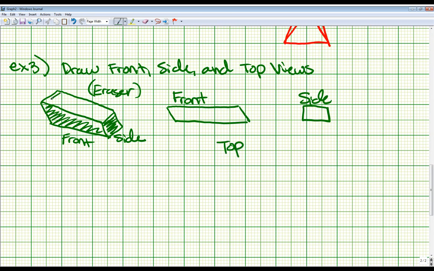So if all I was looking at was this piece right here, the top, we're going to label this top, and I couldn't see any other part of the eraser, it would just look like a big rectangle. So we have the front, the top, and the side views all drawn.